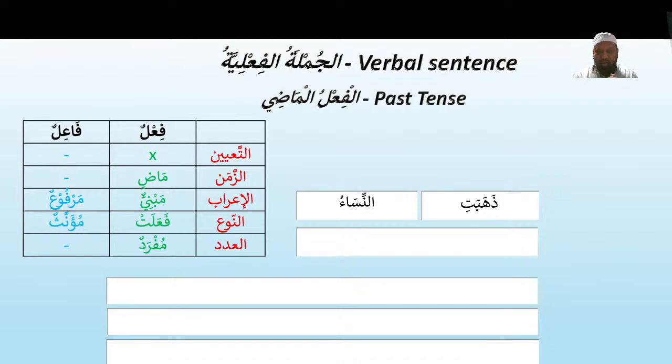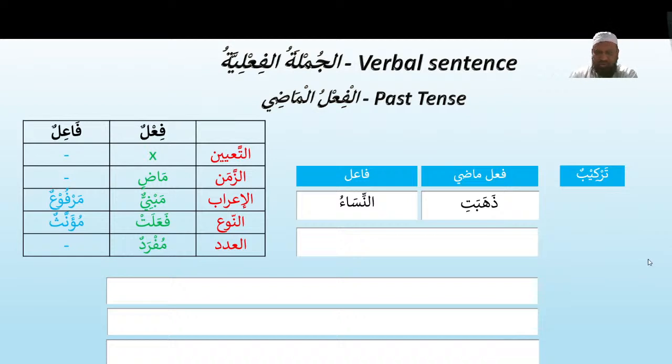For muthanna, we still use ذهبت. For jama, still ذهبت. So an-nisa'u is the plural of imra'atun. Imra'atun, plural, nisa'un.